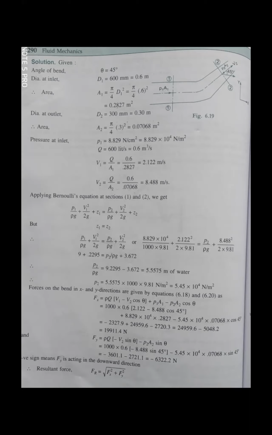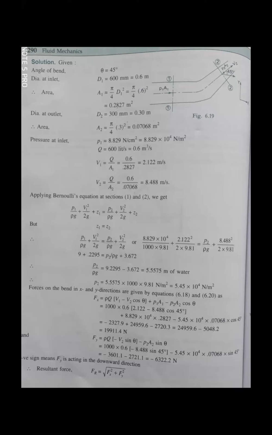Similarly, finding Fy. Again, from first principles, you write P1 A1, for example, resolved in the y direction, it is 0, minus P2 A2 sine theta. It is acting in the downward direction, minus Fy or plus Fy, in what way you take, equal to rho Q into V2 sine theta, which is flowing in the upward direction, minus V1 cos 90 or 0.